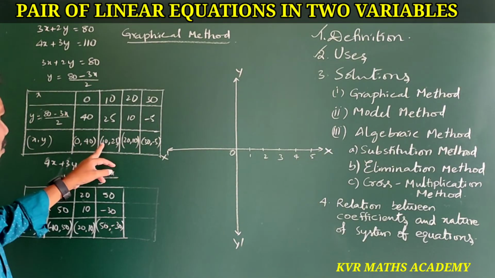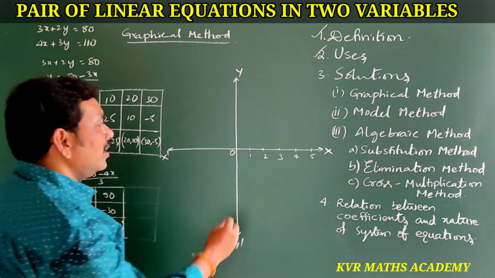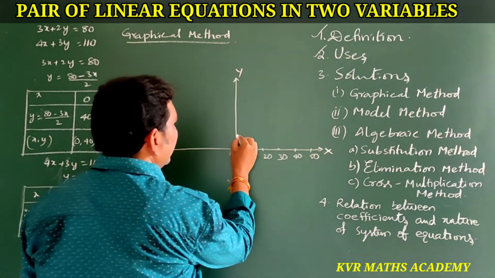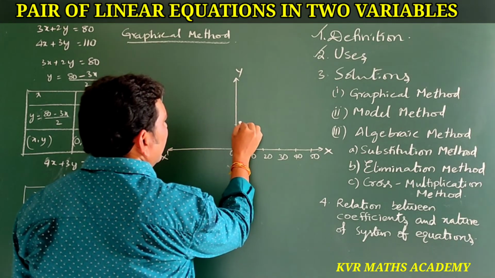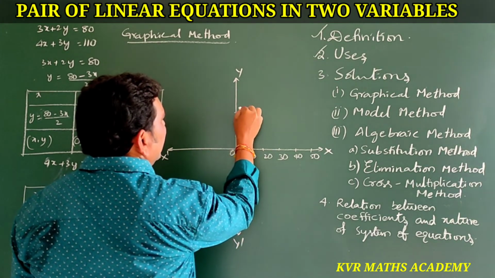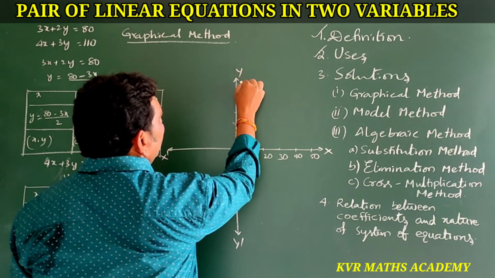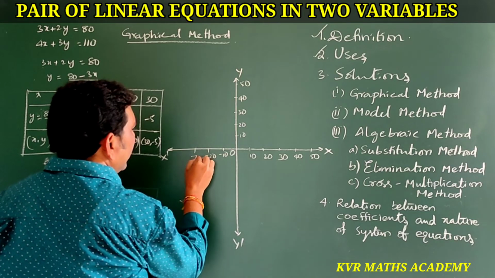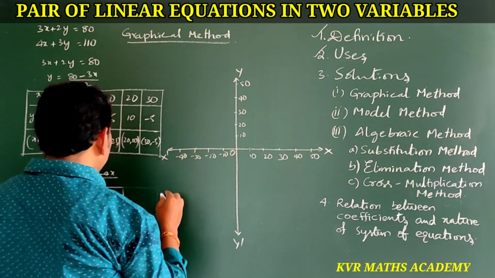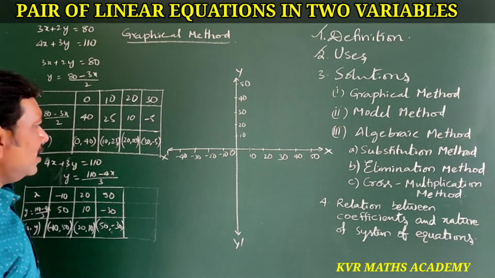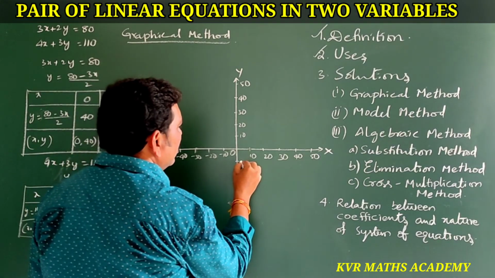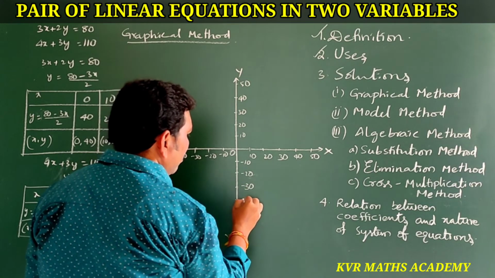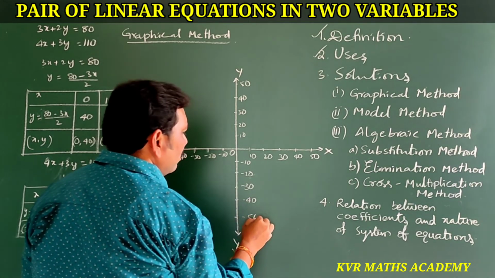Here 0, 10, 20, 30, 40, 50, like that only, no? Here also 10 20 30 40 50, and here also minus 10 minus 20 minus 30 minus 40 minus 50.